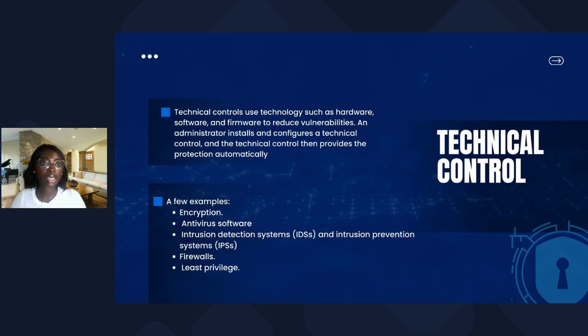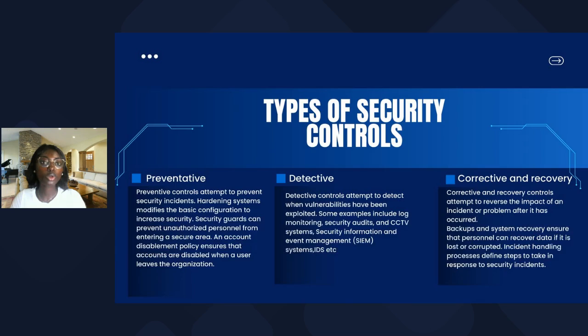So on the next slide now, we'll be looking at the types of security controls. Remember I said types are like a granular piece of the broader guy, which are the security control categories. So these types can fall under the categories, right?